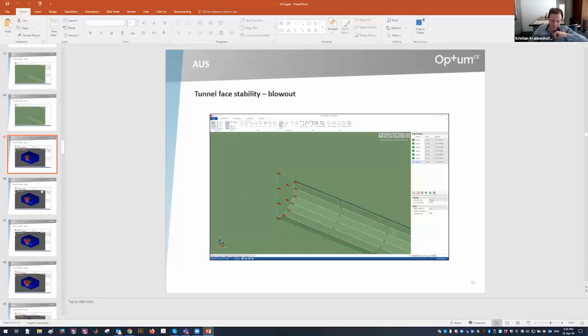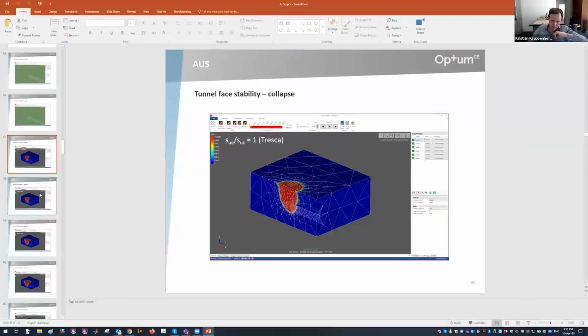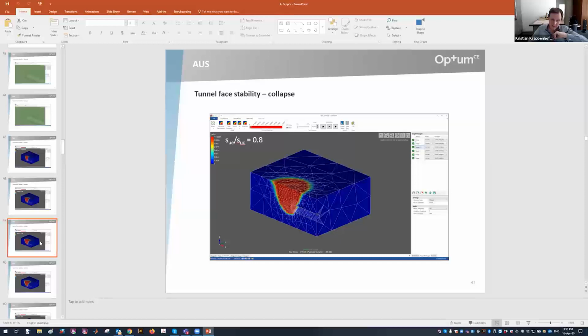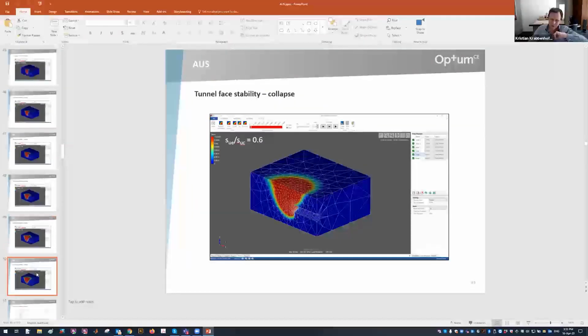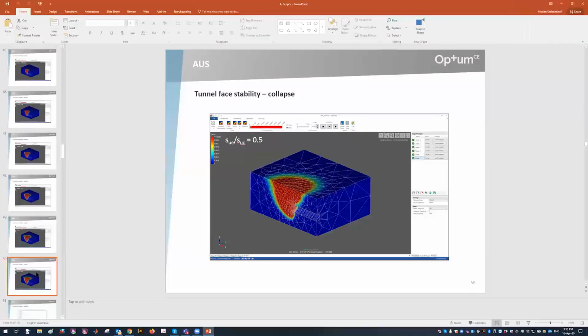Well, it turns out that the extension to compression ratio has a fairly pronounced effect, right? There's a lot of extension going on in this problem. And if you have a smaller extension than compression strength, then that's going to have an effect.